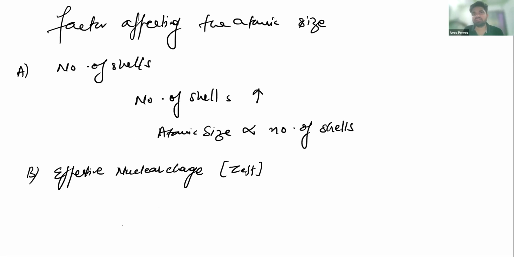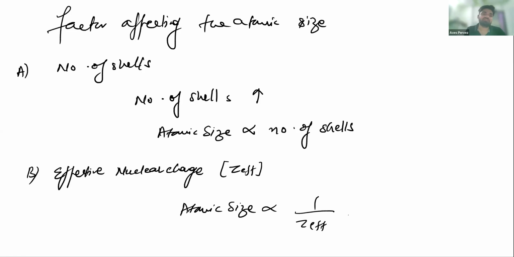If the Z effective is more, the atomic size will decrease. So if there is more positive charge, the atomic size will decrease. So atomic size is inversely proportional to Z effective. Got it?